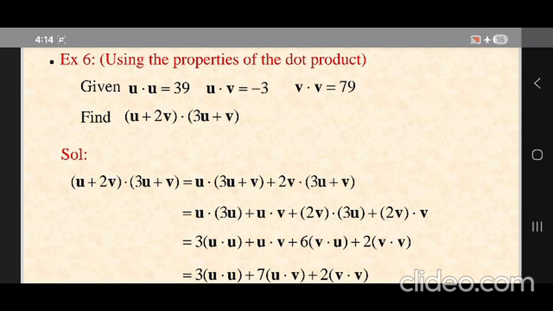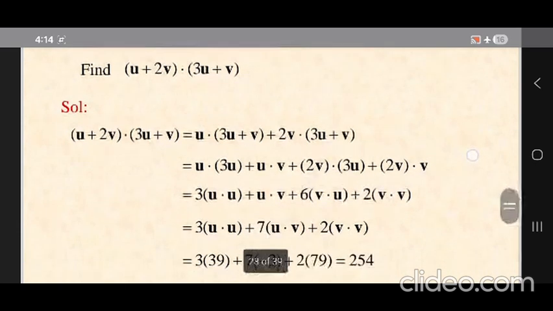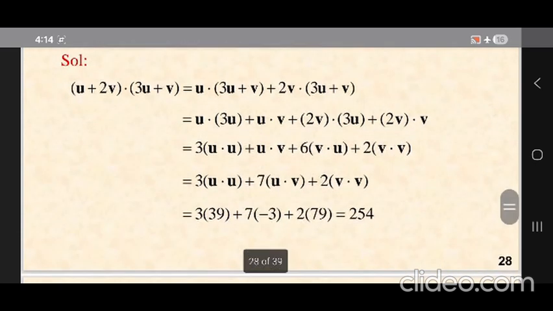Then 3 is a scalar, so take it outside: 3 times u dot u plus u dot v, plus 2 and 3 are scalars, so 2 times 3 is 6, 6 times v dot u, plus 2 times v dot v. Then 3 times u dot u, then the u dot v terms combine to 7 u dot v, plus 2 v dot v.